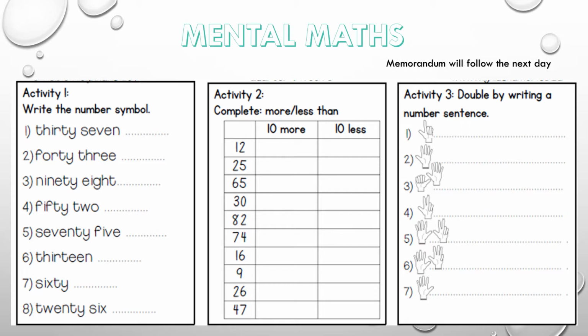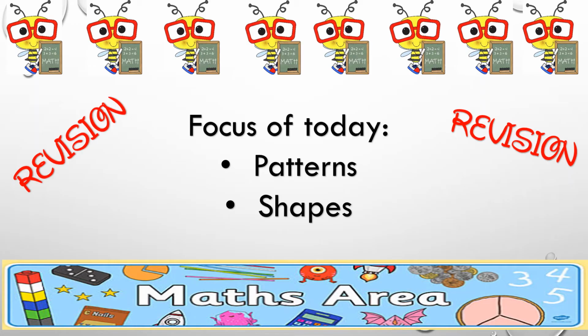For example, question number 1, 2 times 2, 5 times 2, and so forth. The memorandum will follow again tomorrow, and you will find yesterday's mental math memorandum at the end of this video.